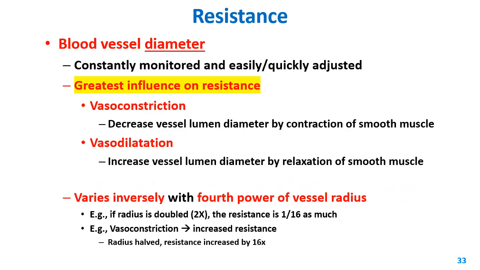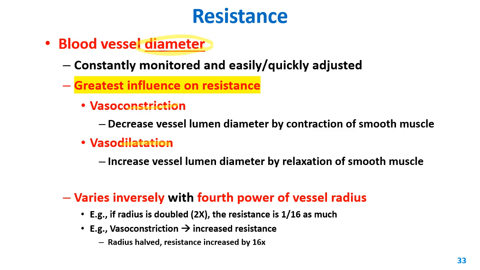So here's the most important factor, the diameter of the blood vessel. The most important factor that is going to influence blood resistance. This is when constricting or dilating the blood vessel comes into play. When you constrict the blood vessel, you are going to increase the resistance.